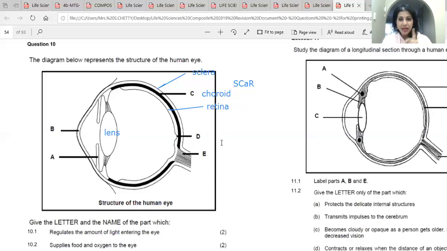Remember, the cerebrum receives and interprets impulses from your sense organs, it interprets all sensations. By the way, the optic nerve only takes impulses towards your cerebrum. Impulses don't come down from your cerebrum to your eye. It only goes upwards, so it only has sensory neurons.